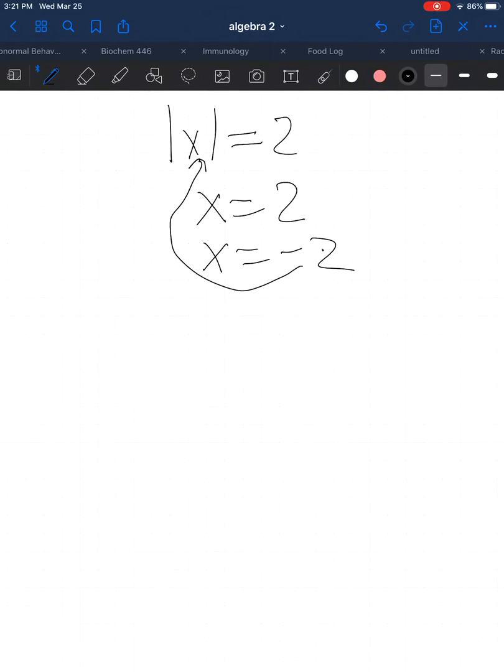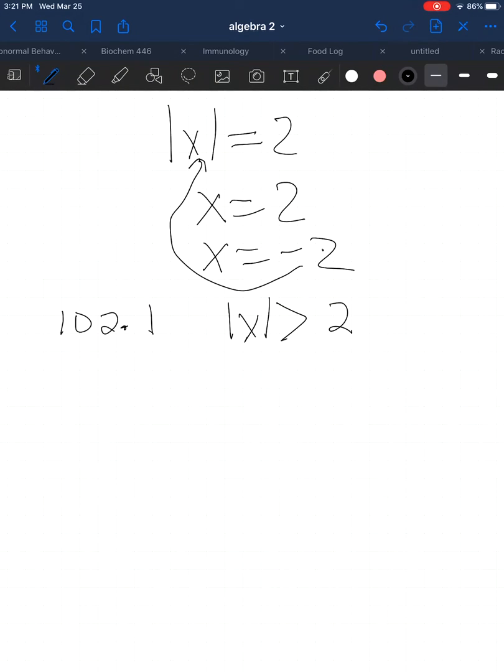So if you look on page 432, we have 102.1, which says the absolute value of x is greater than 2. All right, so that means that the distance from 0 has to be bigger than 2 because by definition, absolute value is the distance measured between the origin, which is 0, and that number.